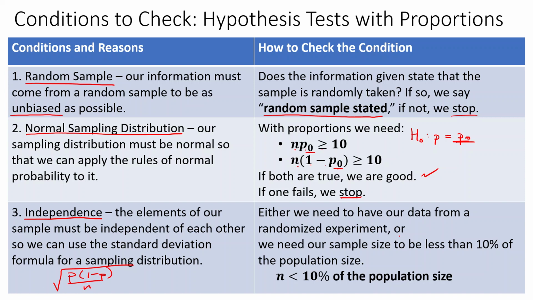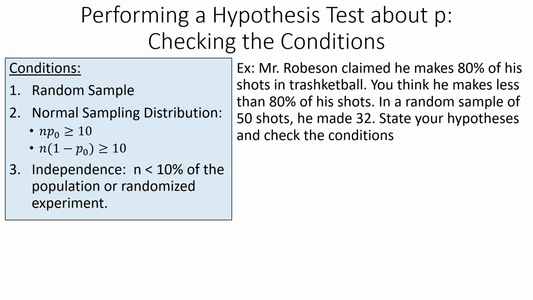The way we check this, either we need a randomized experiment, in which case we say we have a randomized experiment instead of a randomized sample, and that covers both of these conditions. Or we need our sample size to be less than 10% of the population. Our sample size will be n, and we check, is it less than 10% of what the population size could possibly be? We just estimate, we eyeball it and say, yeah, that seems like a reasonable guess.